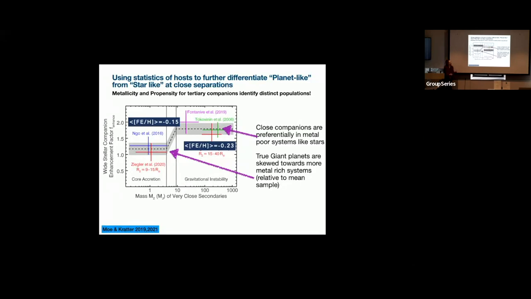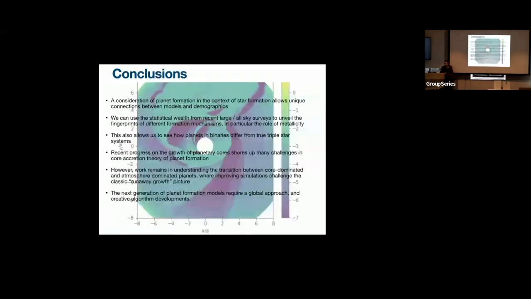So I think we're, again, starting to see in all these different directions this confirmation from the binary and planetary statistics that we really do have these two different mechanisms that are dominating, but that there is some overlap right in this range at a few Jupiter masses, because our boundary is sort of ignorant of the formation process. So I know I'm out of time. I'm just going to leave up the conclusions and take any questions.